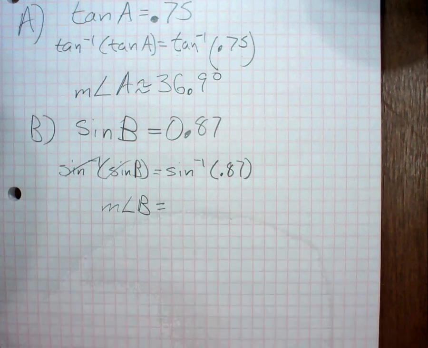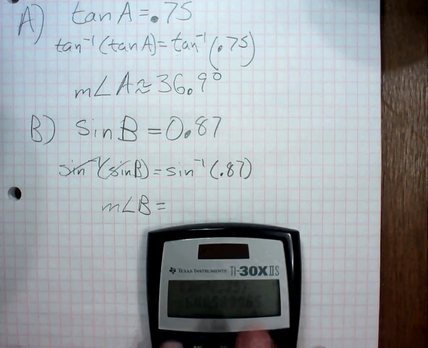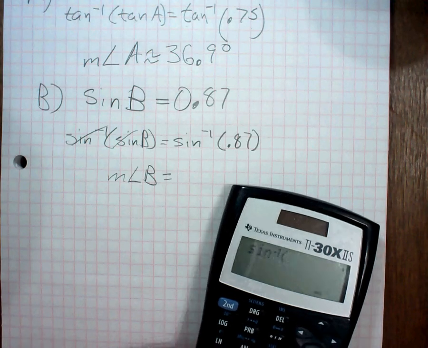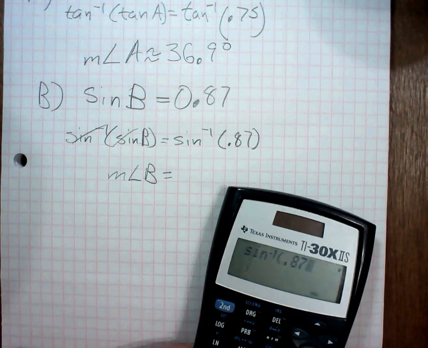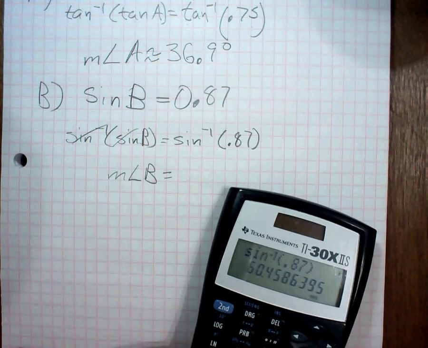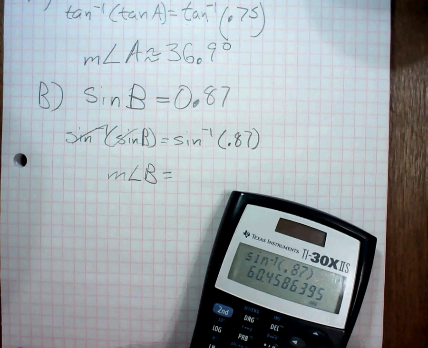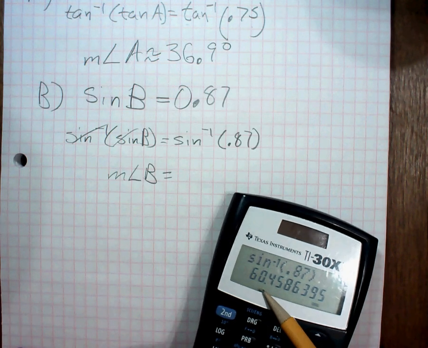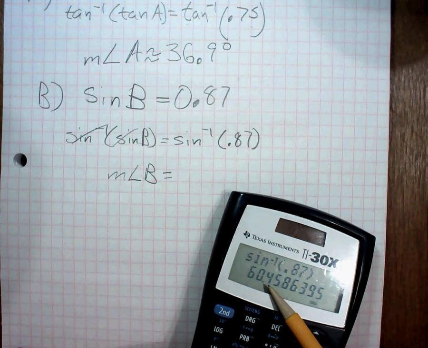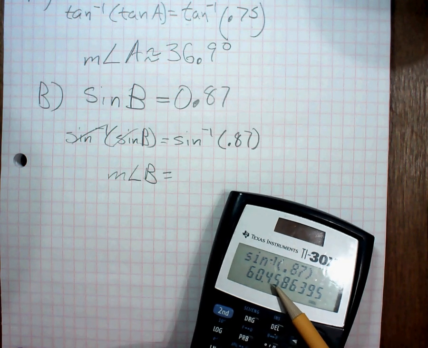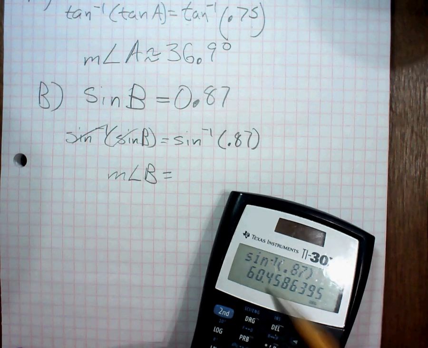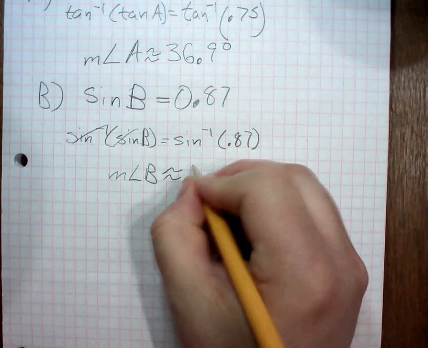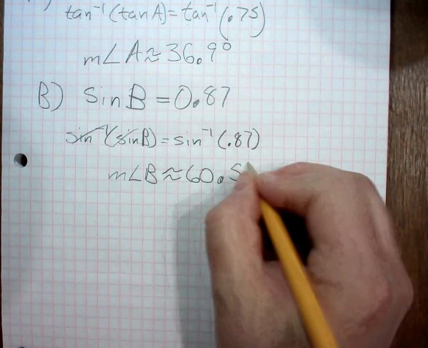It is equal to the arcsine of 0.87, which is 60.something. Again, if I want to round to the nearest tenth, the 4 is in the tenth spot, I go to the right, it's 5, so I'm going to round up. So it's approximately 60.5 degrees.